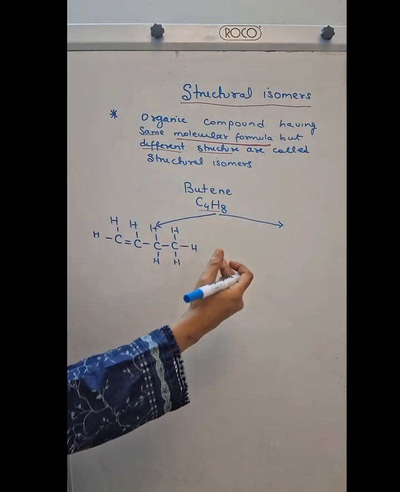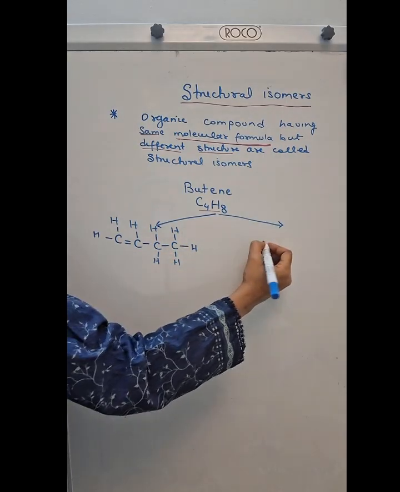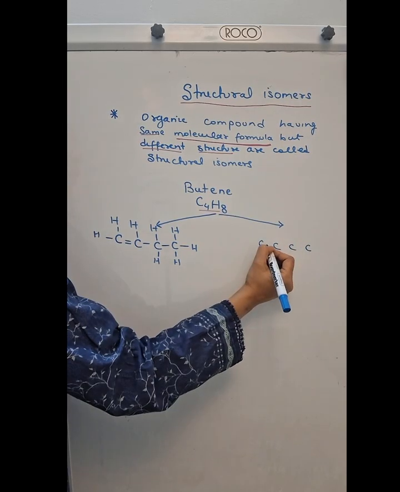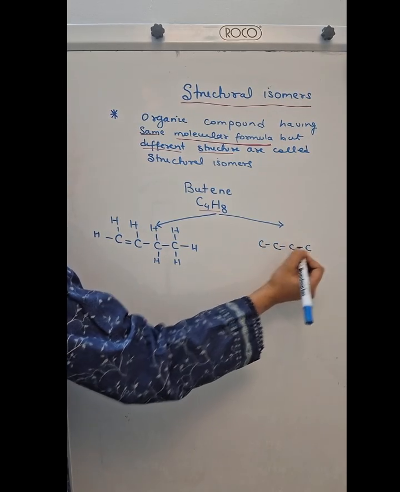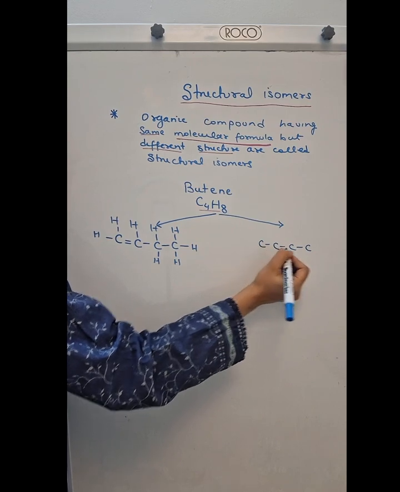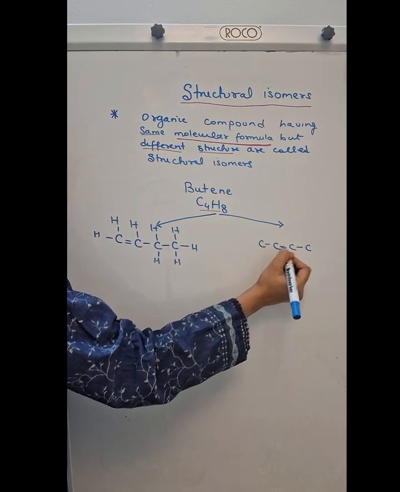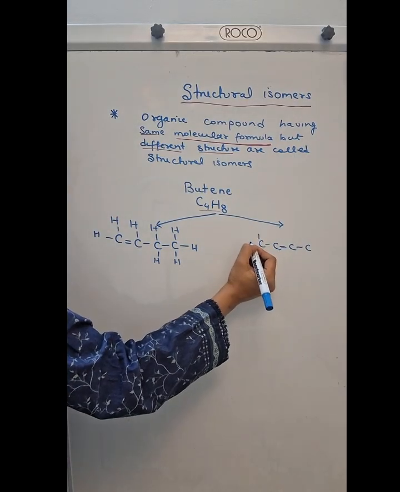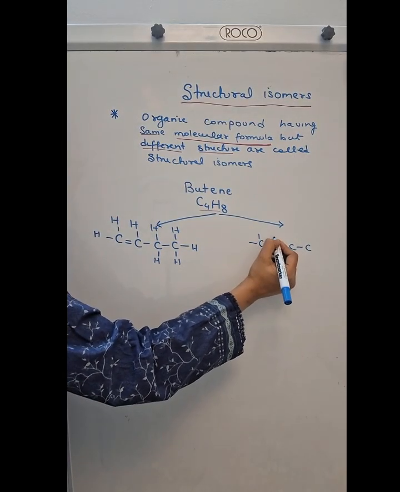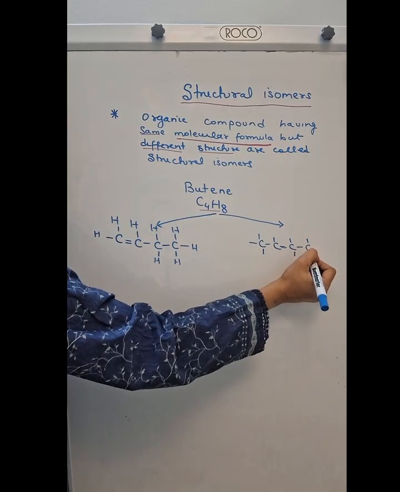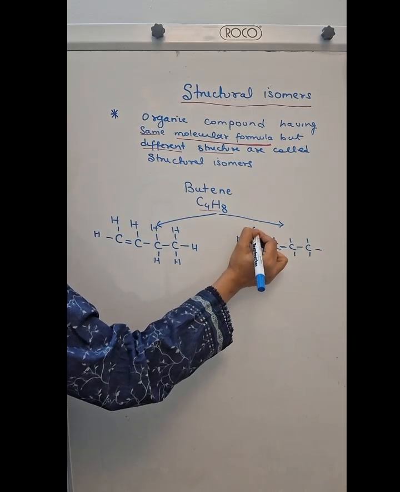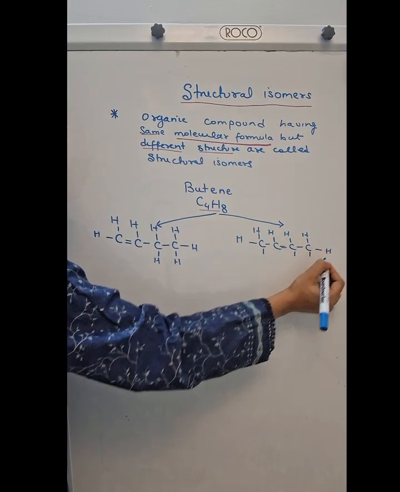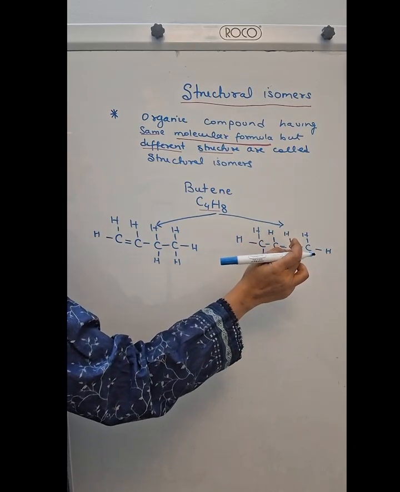Now, what is the other way by which we can draw butene? So see, 1, 2, 3 and 4. First we will make it single bond. Then instead of first and second carbon, we will bond second and third carbon with a double bond. Now we will satisfy all the bonds with hydrogen.